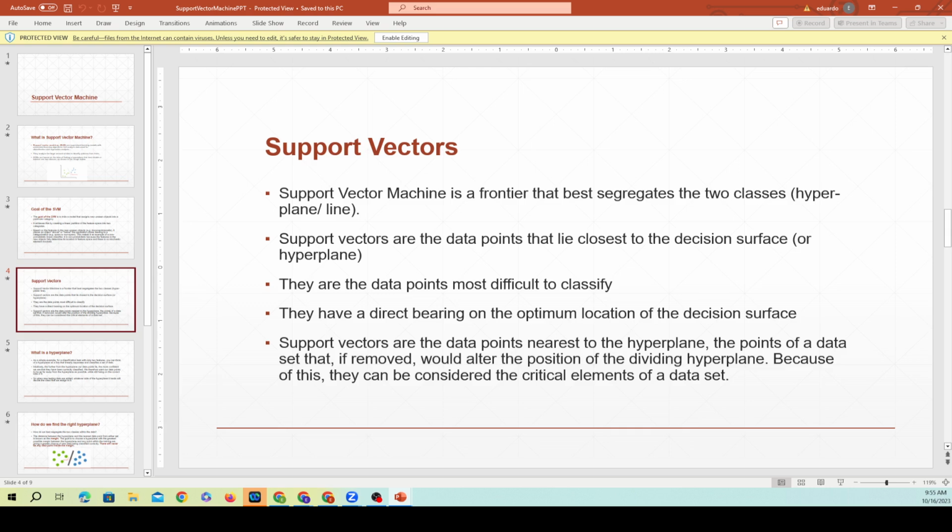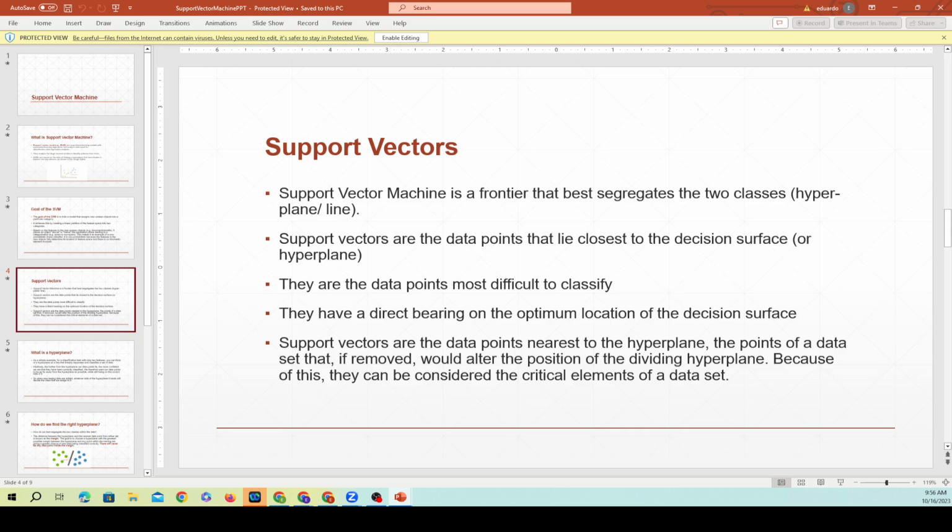Support vectors are the data points nearest to the hyperplane, the points of the data set that, if removed, would alter the position of the dividing hyperplane. Because of this, they can be considered a critical element of the data set. So now the way we determine that line, or the plane that separates this data, is by actually looking at the data.